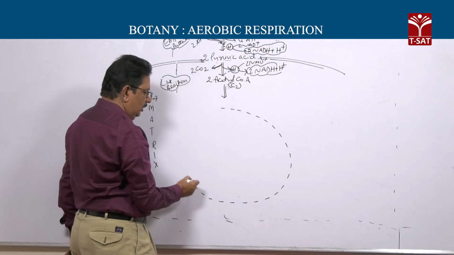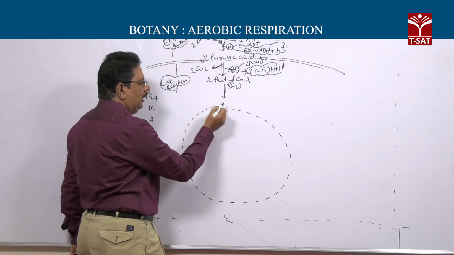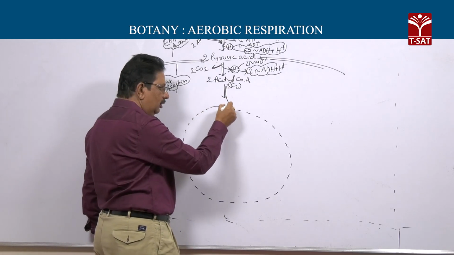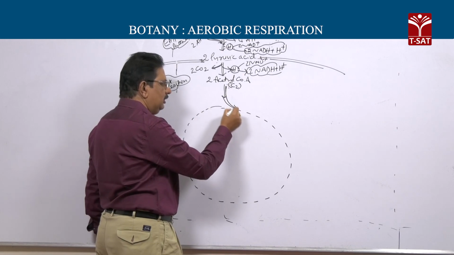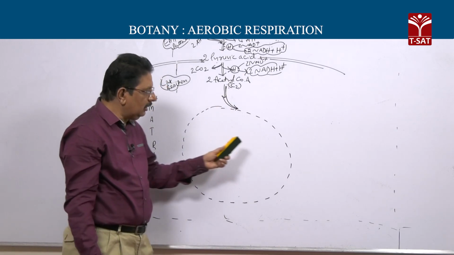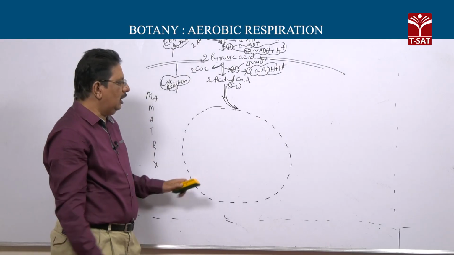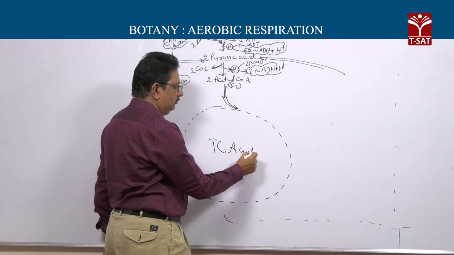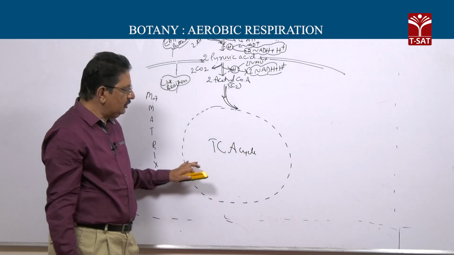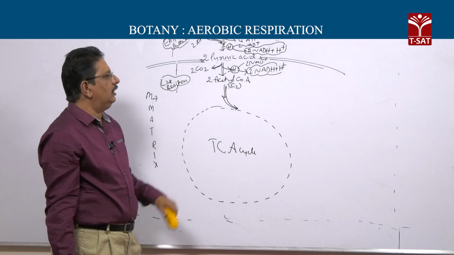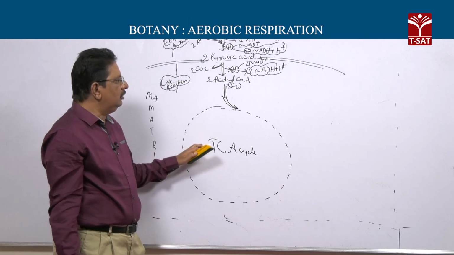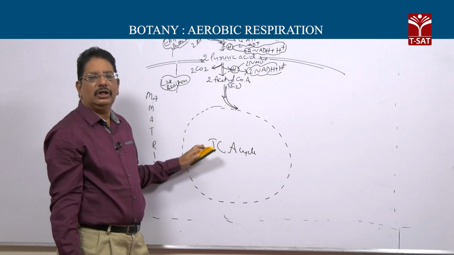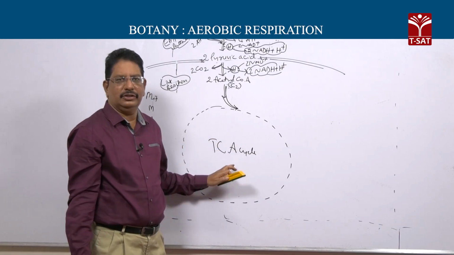So, the so-called end product of the link reaction, acetyl coenzyme A, is going to participate in a cyclic pathway called the TCA cycle.